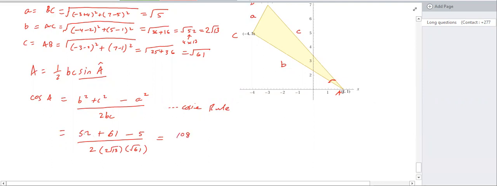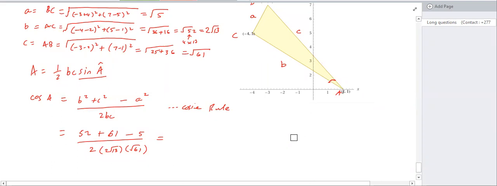If we add these up, 52 minus 5, sorry, this here should be 47.